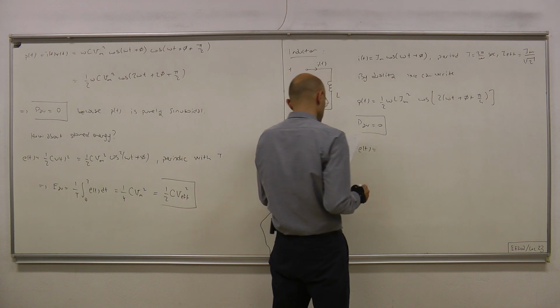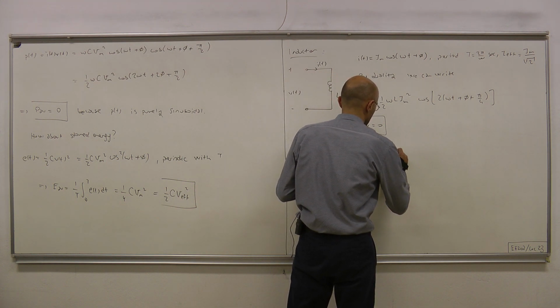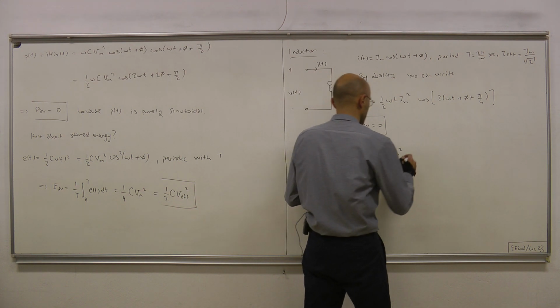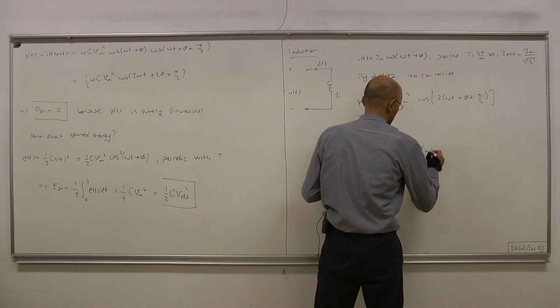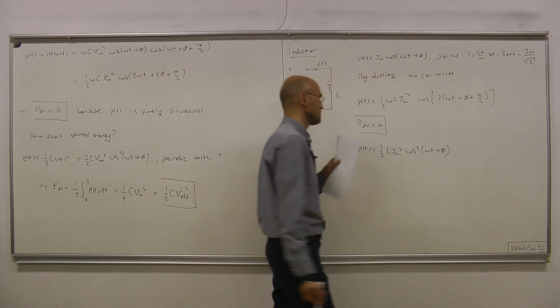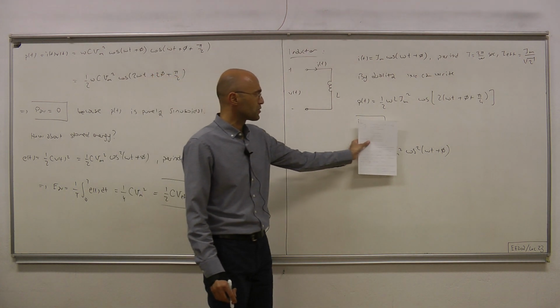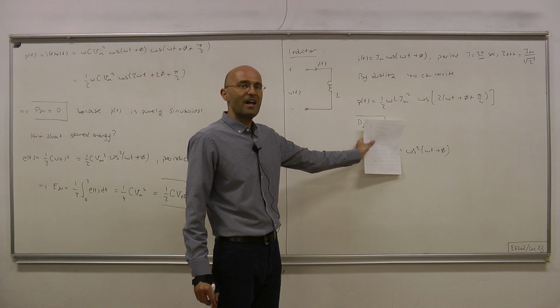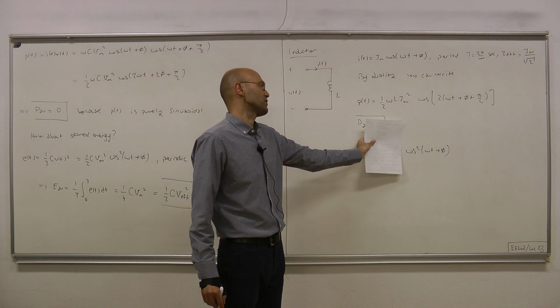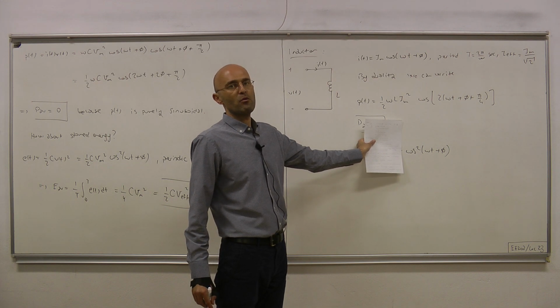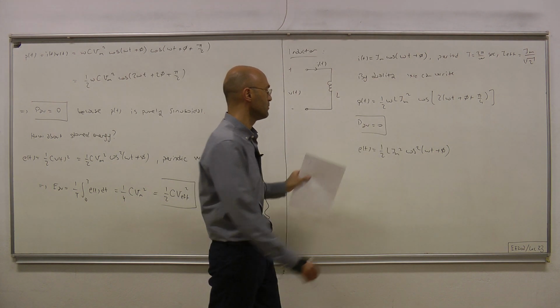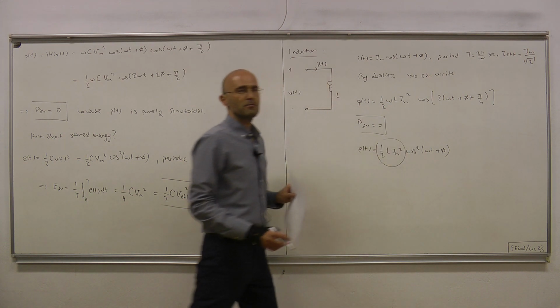This is instantaneous stored energy, 1/2 L Im squared cosine squared of omega t plus phi. This cosine squared can be written as 1/2 plus some purely sinusoidal term whose average will be 0, so the average is 1/2. Therefore, the average E of t will be this thing times 1/2.